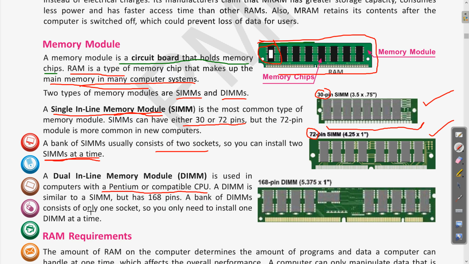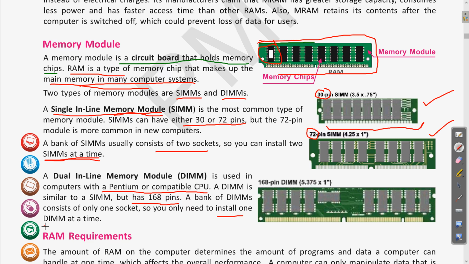A DIMM is similar to a SIMM, but the number of pins changes. Earlier we had 30 or 72 pins, but in DIMM we have 168 pins. A bank of DIMMs consists of only one socket, so you only need to install one DIMM at a time.